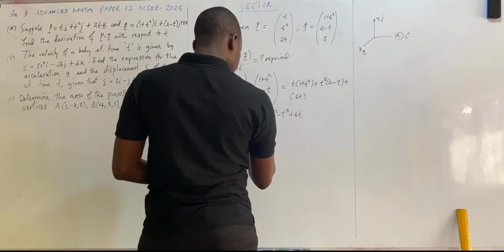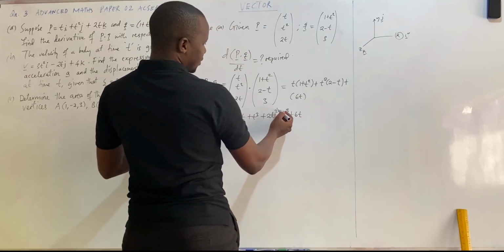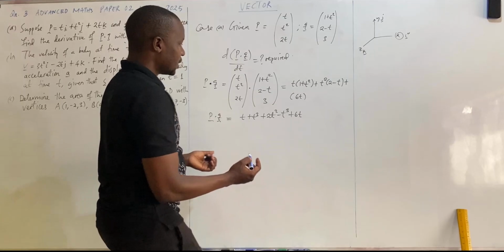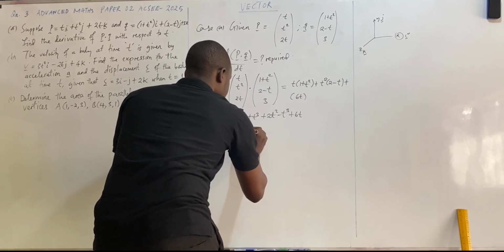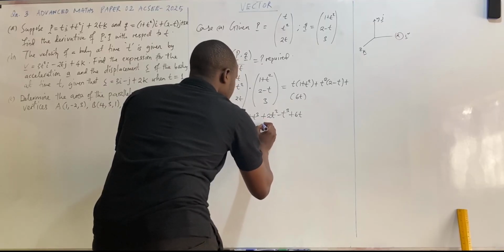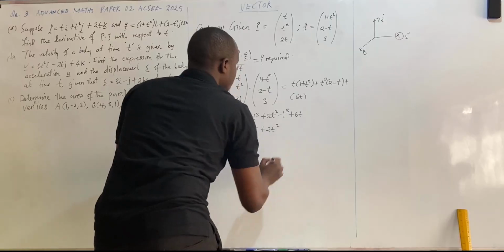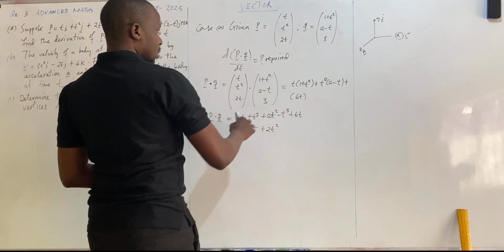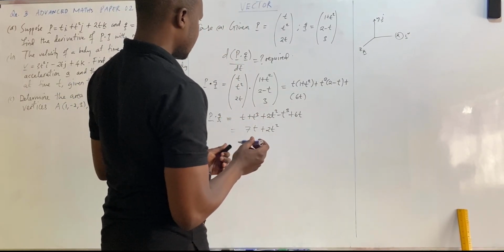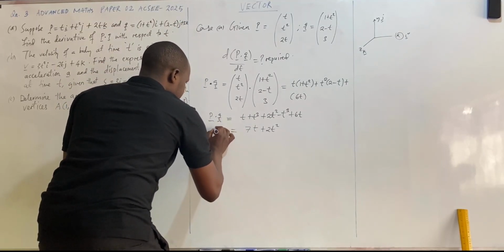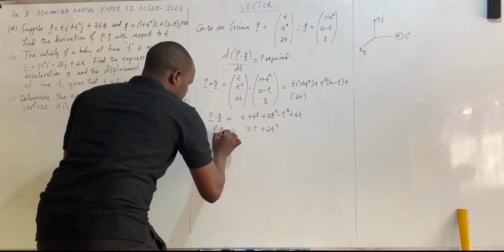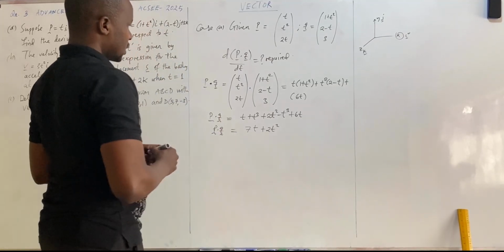T cannot be added with 2T squared because they are not like terms. So here remain T and 6T, we get 7T, then we add the 2T squared, because the T cubic terms cancel out. This represents the dot product of vectors P and Q.